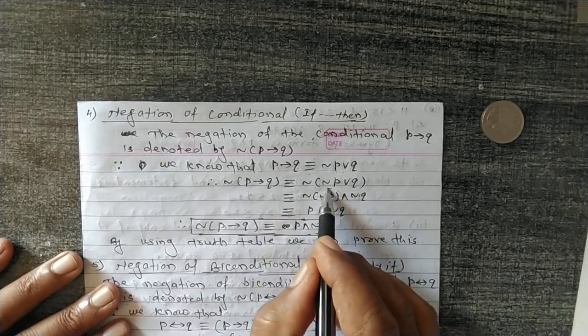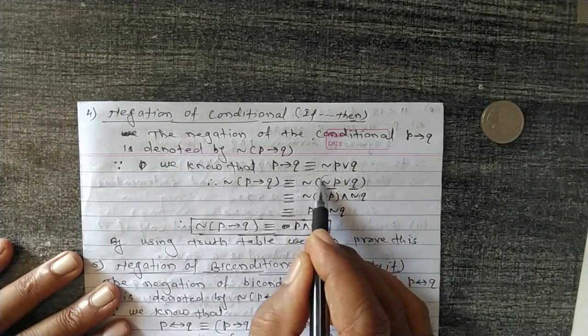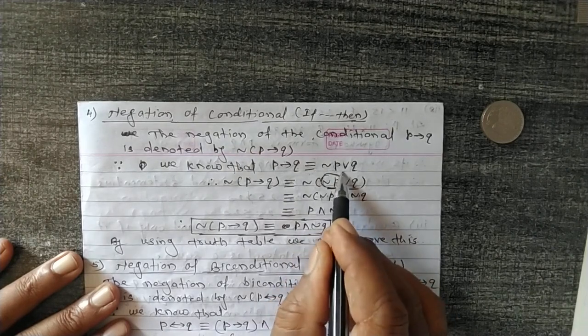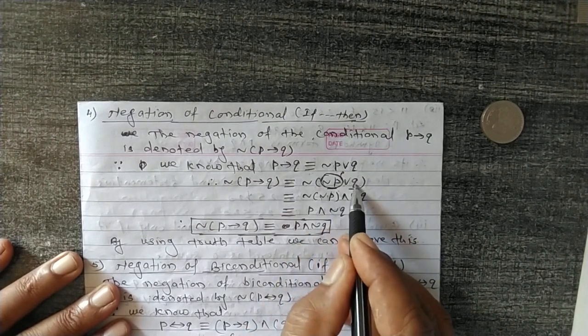Now here we can use the negation of disjunction. Let this be P and this be Q, that is negation of P disjunction Q. That is the second rule.